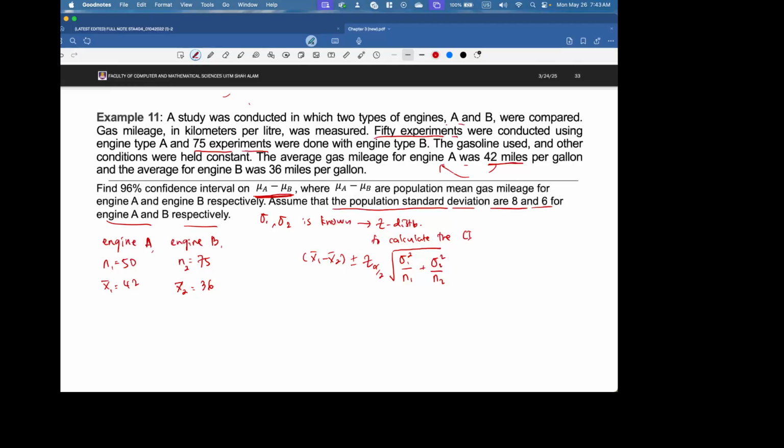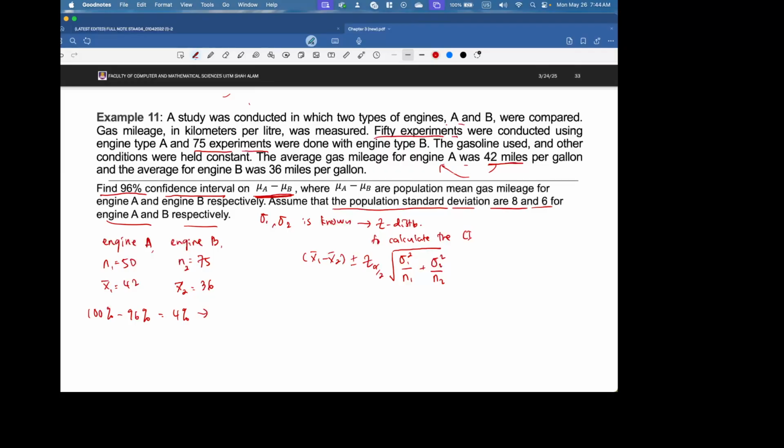Now they ask us to find the 96% confidence interval. 100% minus 96%, we get 4%.